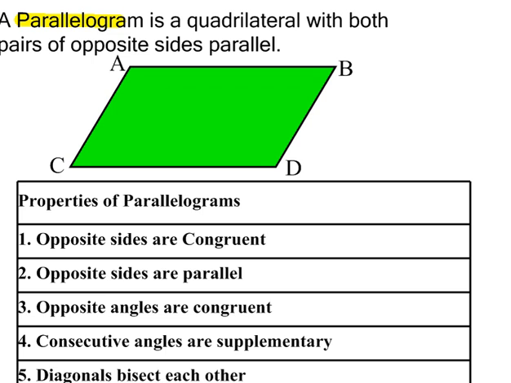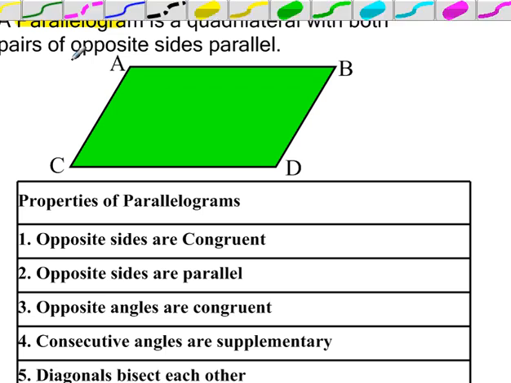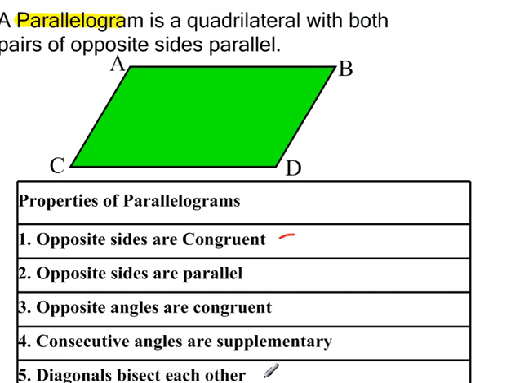A parallelogram is basically a quadrilateral with both pairs of opposite sides parallel. In this video, though, we're going to focus on property 1 and property 5. Property 1 and property 5 deal with the measures of line segments, while properties 2, 3, and 4 deal with the measures of angles.